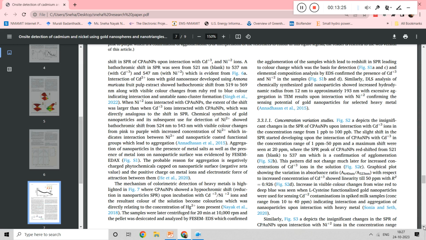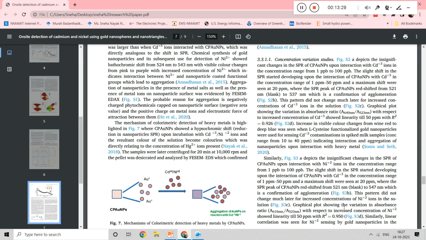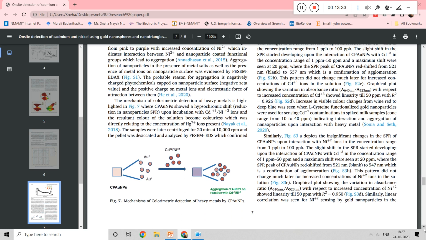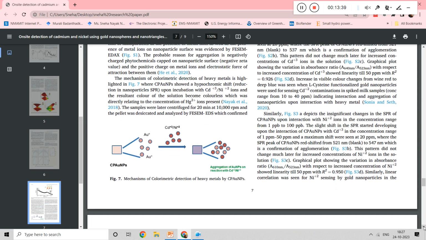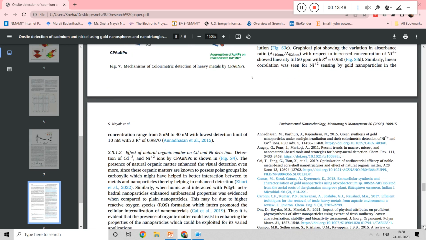All those details we have put, and finally a mechanism is shown, like why the color change is happening. For any kind of degradation studies or sensing studies, you need to show the mechanism also, how it works. That will give more value to the paper, because you exactly know what's happening and what the mechanism behind it is.